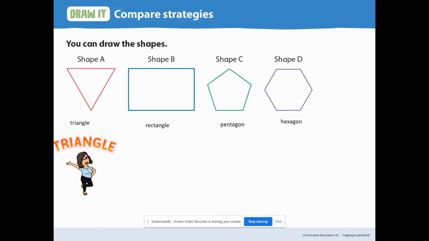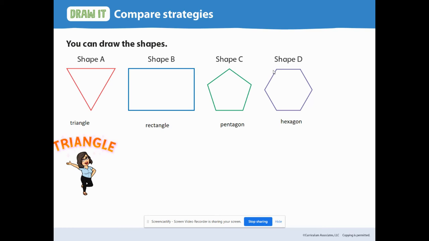Next strategy is draw it. You can draw it just like you did in the first one. We have a triangle, shape A, shape B, shape C is a pentagon, and shape D is a hexagon. What do you notice about the hexagon? I think that's the first time we've seen a hexagon. Well, let's count the sides. 1, 2, 3, 4, 5, 6 sides.